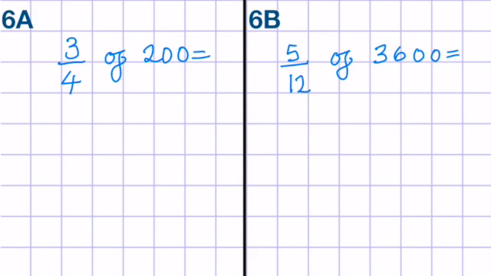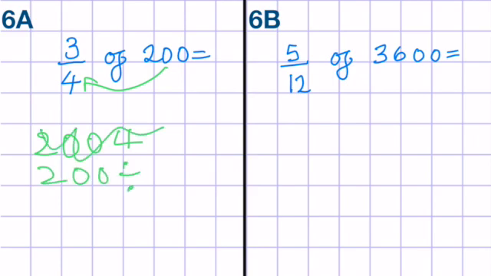Now you need to find 3/4 of 200 and 5/12 of 3,600. Press pause, then we'll do it together. Okay, so we divide by the denominator. So 200 divided by 4 is 50. Now you could have done the bus stop method for that.